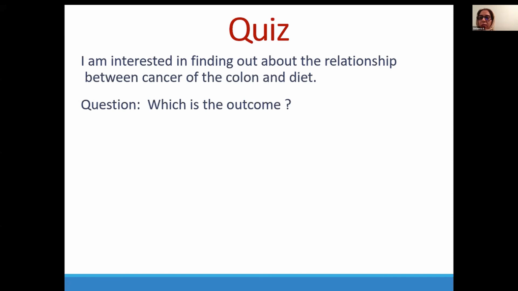I don't know, people who are overweight are more prone to getting colon cancer.